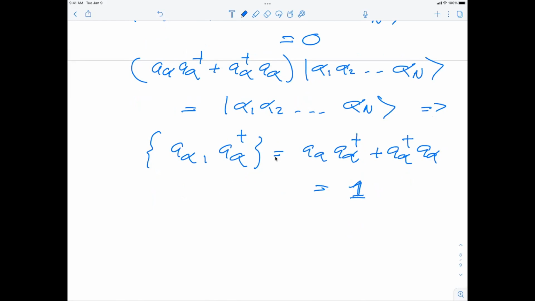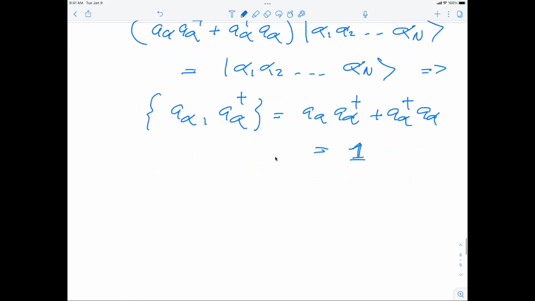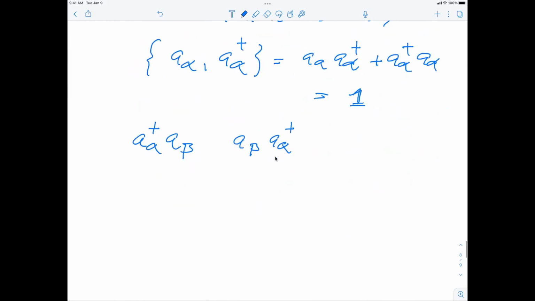Now, the next thing we need to do is to look at a_alpha dagger and a_beta, and then a_beta and a_alpha. The exercise is basically the same. We will have a state alpha_1, alpha_2, up to alpha_n, and we will have three cases.